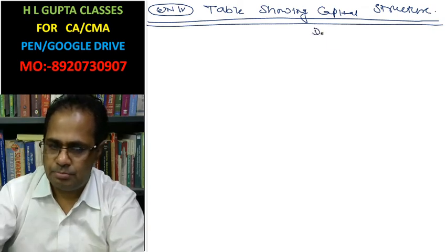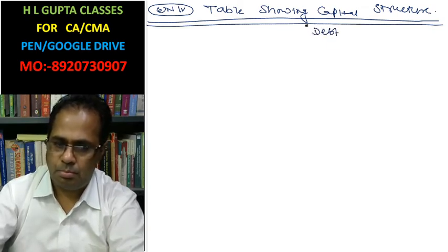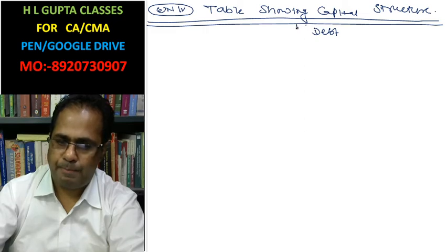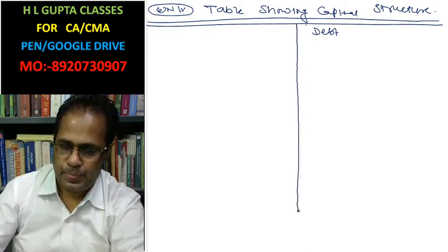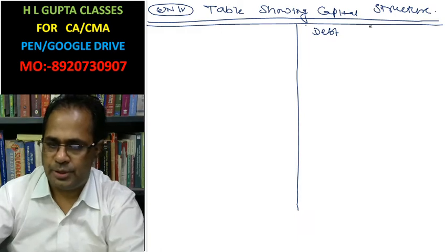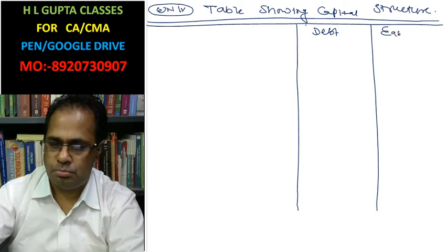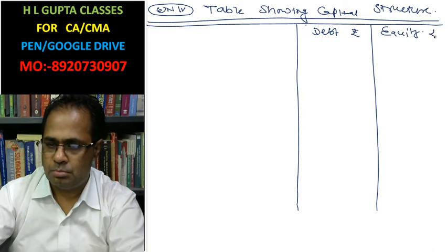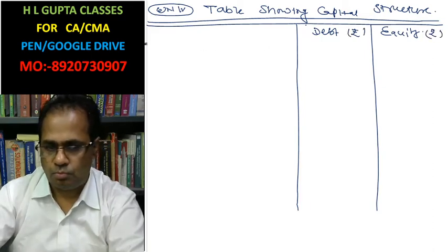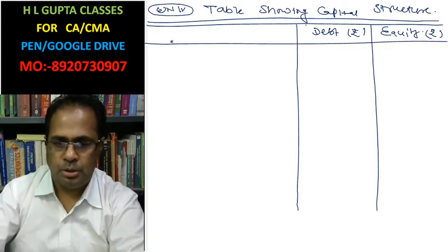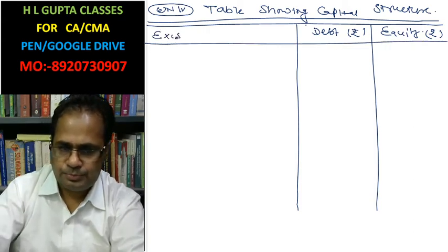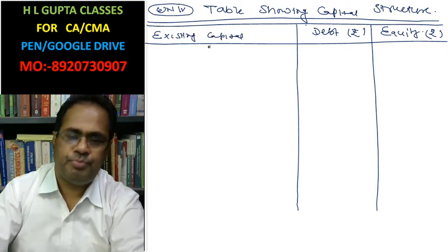This is the debt. This is the equity. First write existing capital.